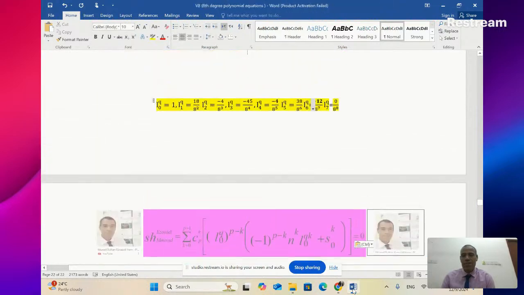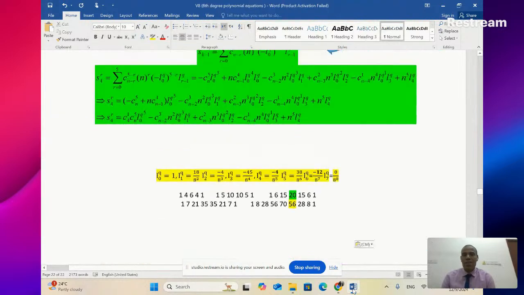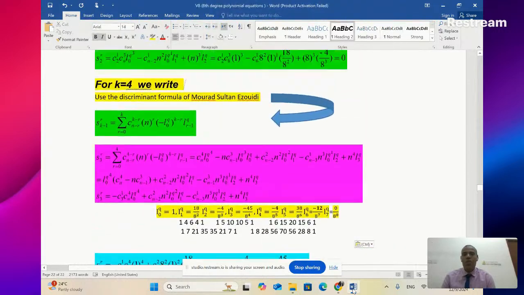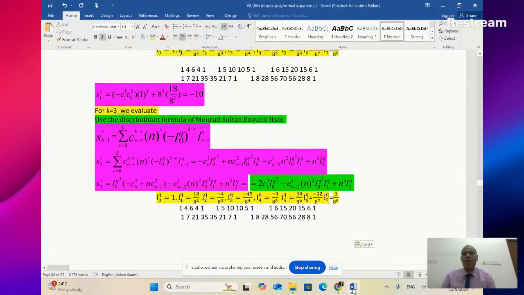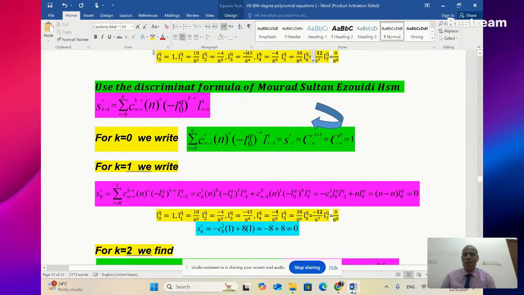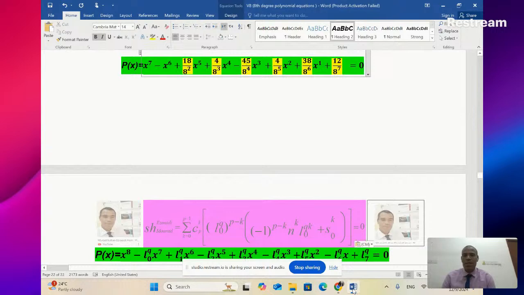In this example, we extended the 7th-degree polynomial equation to obtain exactly an 8th-degree polynomial equation, and then we start finding the coefficients of this new 8th-degree polynomial equation.